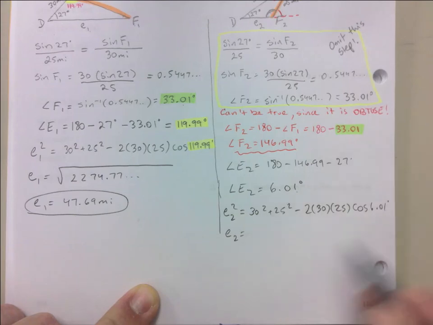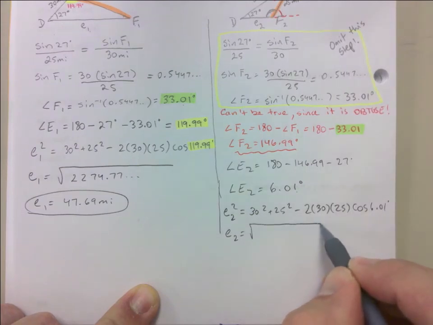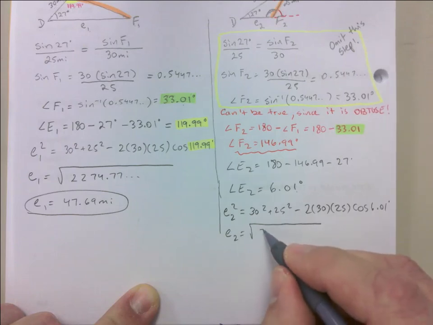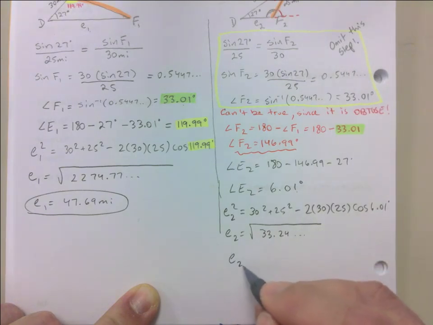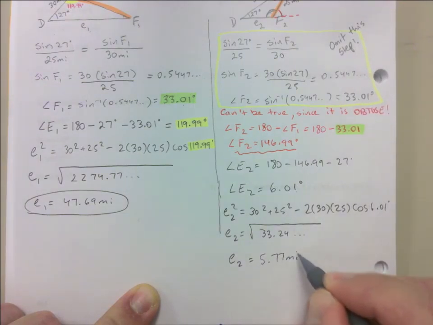E2, if you crunch these numbers and you get them under the root, you get 33.24 something. E2 is therefore 5.77 miles.